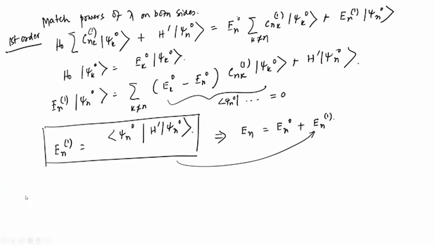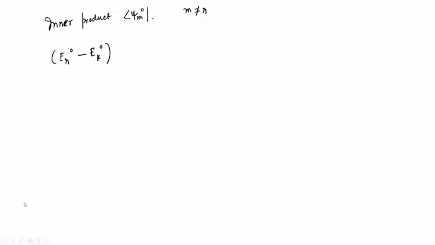We get this result as En0 minus Ek0, and we have a Cnk1 delta km, and that is equal to psi m0 H prime psi n0, and this is precisely what you wanted, the Cnk1, but now this will click only when k is equal to m.